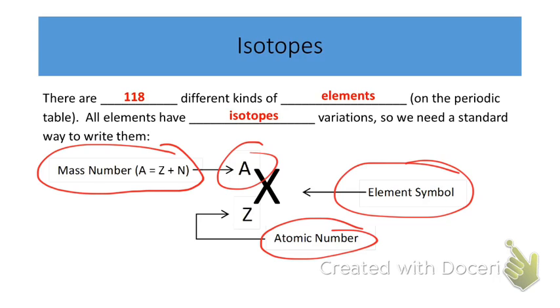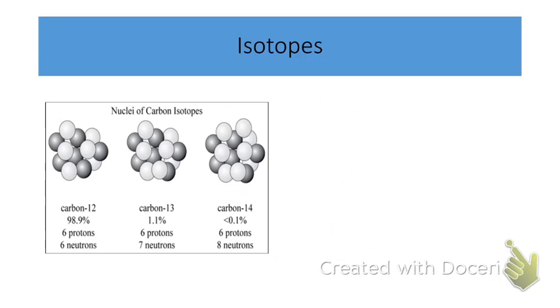Okay? So for instance, let's go back to our previous diagram here of our 3 carbons. So let's look at carbon-12 and kind of get the idea of this. Now, why do we call it carbon-12 in the first place? Well, the 12 represents the mass number.